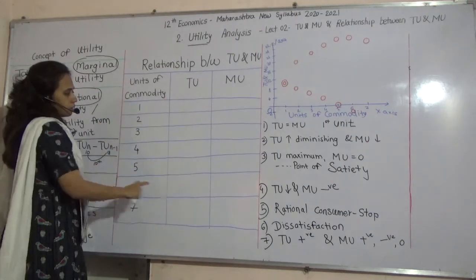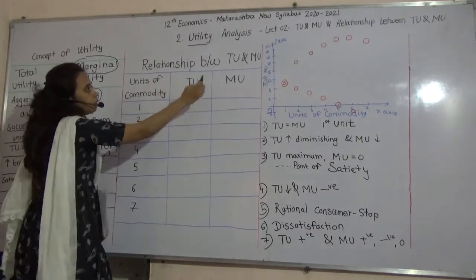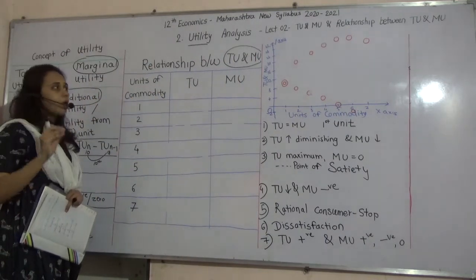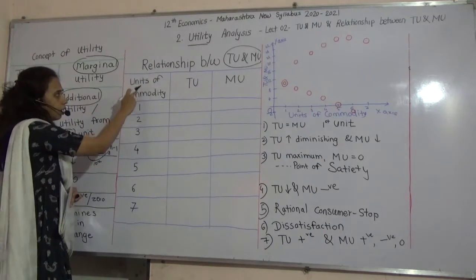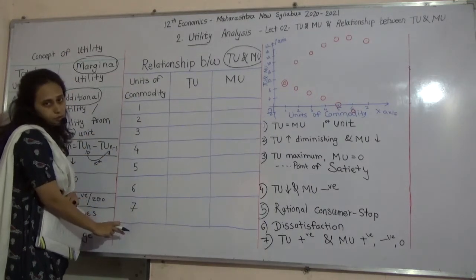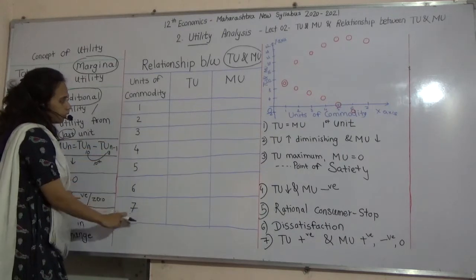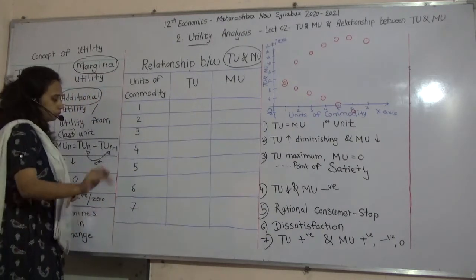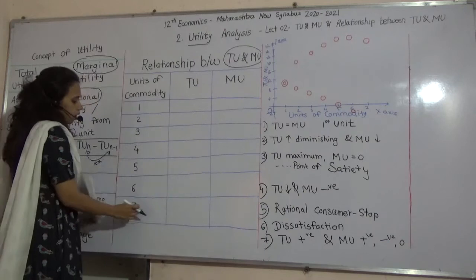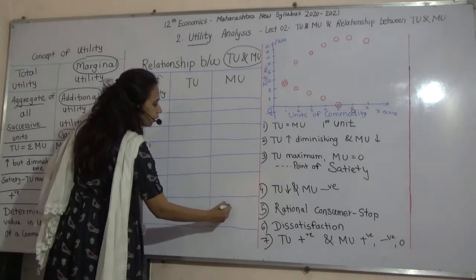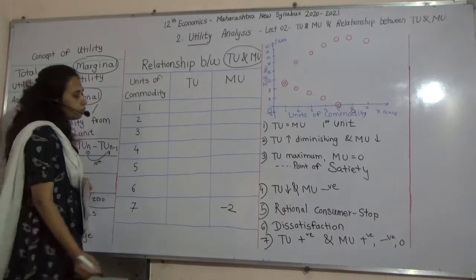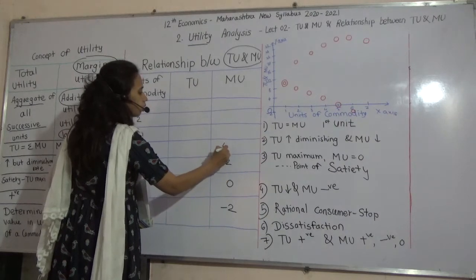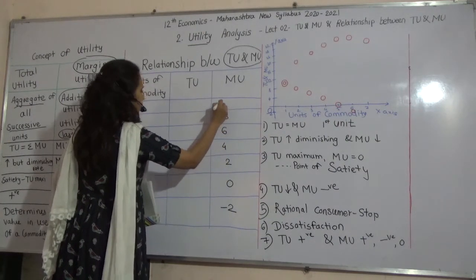Now, for studying the relationship between TU and MU, we have assumed that you have consumed 7 units. So the total units of the commodity is 7. Now how to remember this TU and MU chart? For that purpose, for the last unit MU write -2, then 0, then 2 stable, 2, 4, 6, 8, 10.